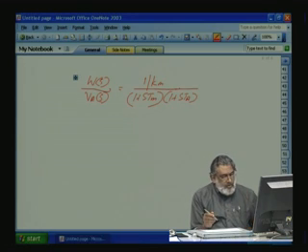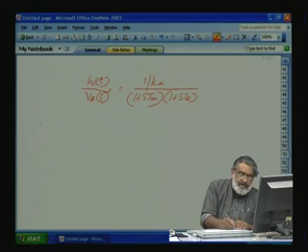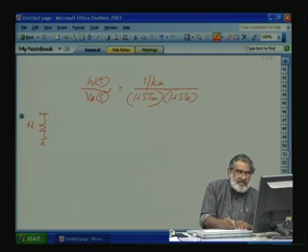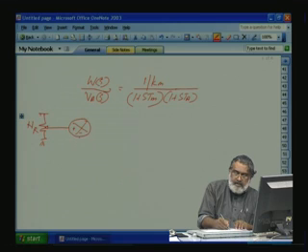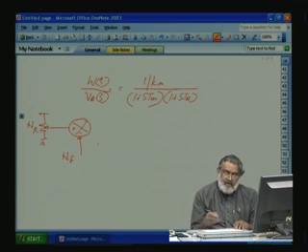Now, let us go back to our original diagram. That is, we have applied the speed control, that is NR, reference speed. We are getting speed feedback. See, these are all voltage levels for the controller, we are bringing it down.